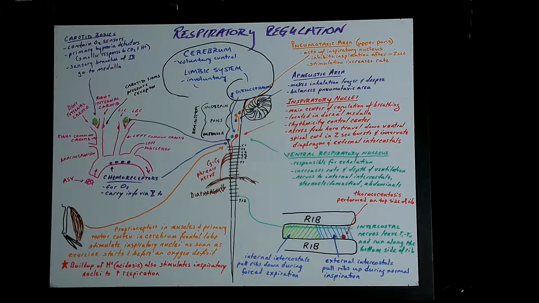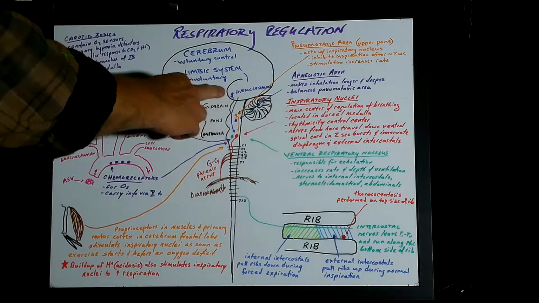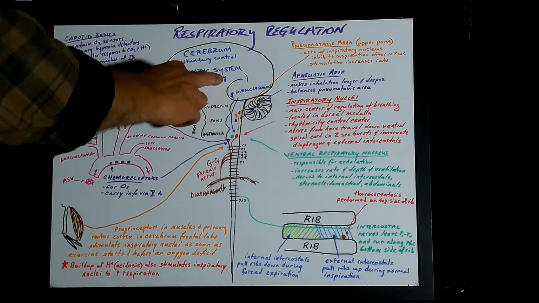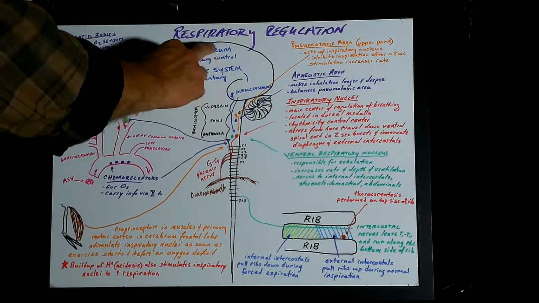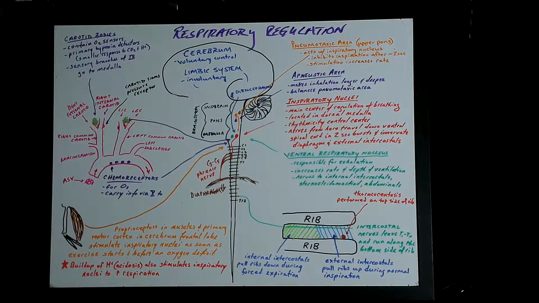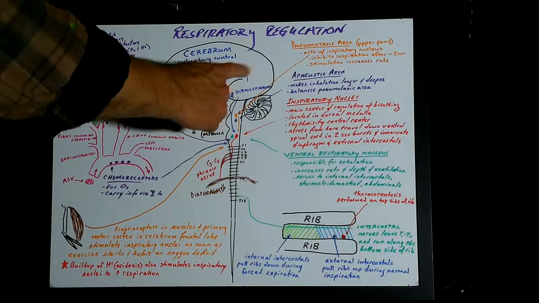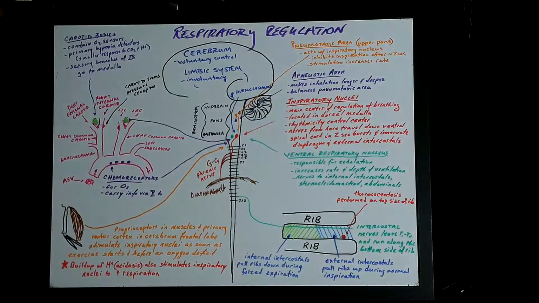If I scare you, for example, I'm going to stimulate your limbic system, which is going to come down here into the diencephalon. Actually, it'll start here in the thalamus. That's where you receive the stimulus. Then it'll be processed through the cerebrum as well, and the diencephalon, which is your hypothalamus and thalamus, predominantly your hypothalamus, and that's your autonomic center, and that's going to speed up your respiration.